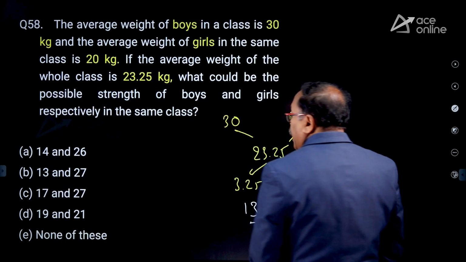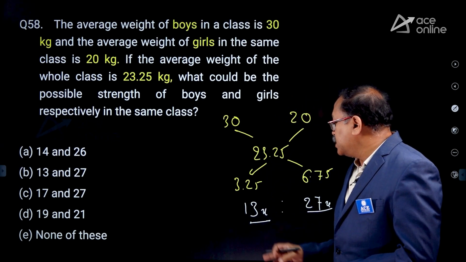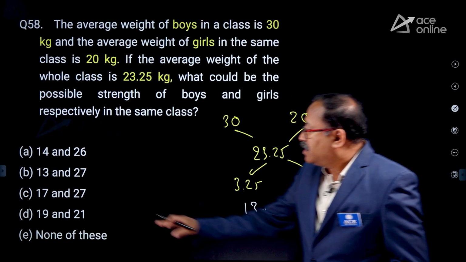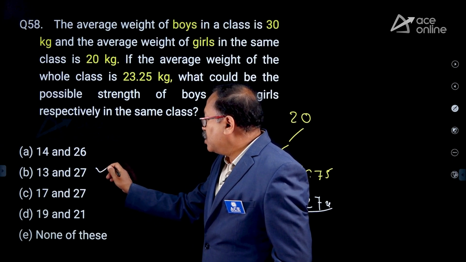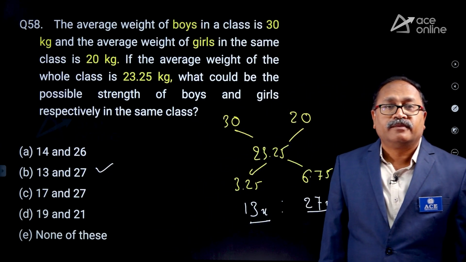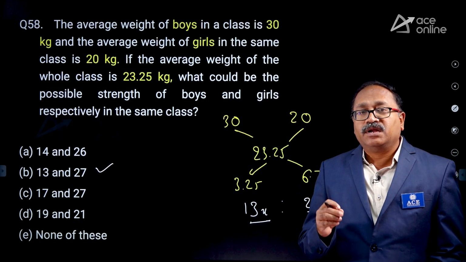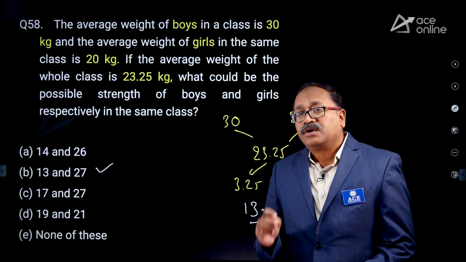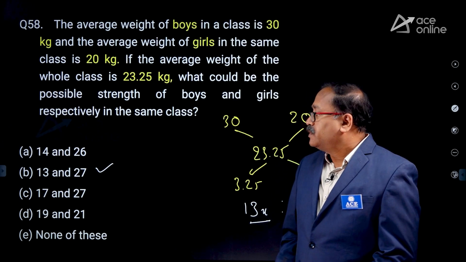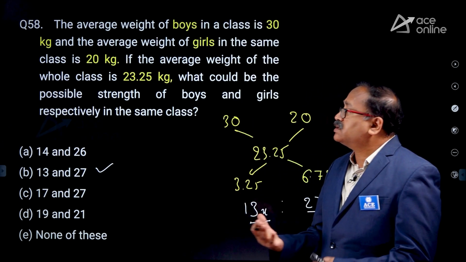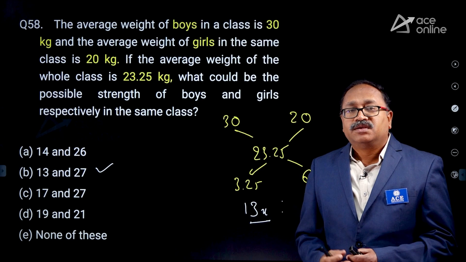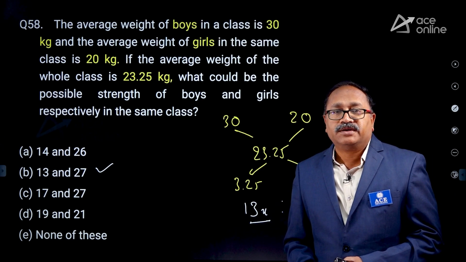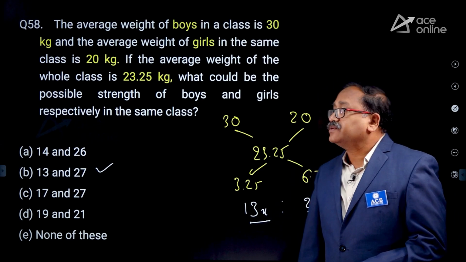So possible values of boys and girls are 13 and 27, option choice B. Remember that we are dealing with SBI Clerk Prelim of 2016. So you can see the kind of questions they frame in the examination, sometimes not very direct. Let's move on to the next question.